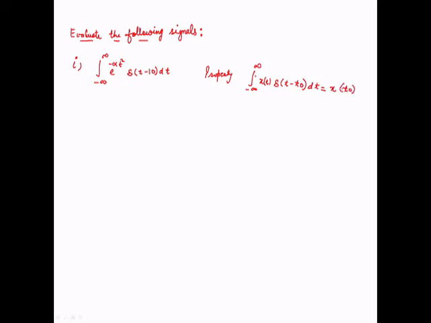So this property we have to remember, and for this property we can write this equation, because here the impulse signal is equal to 1 for t is equal to 10, and otherwise the component is 0. Right. So this is the identity we are having.